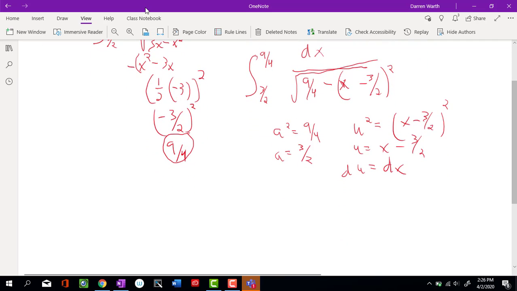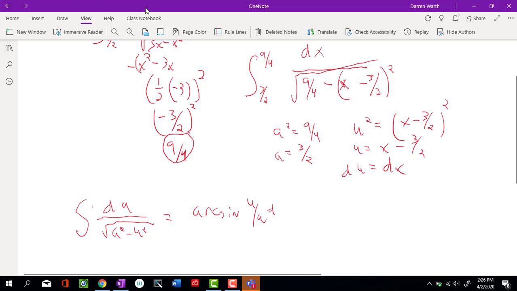Now I remember my arc sine pattern. The integral of du over the square root of a squared minus u squared is equal to the arc sine of u over a, plus c.